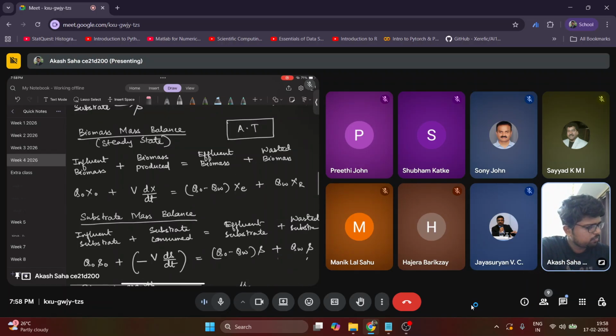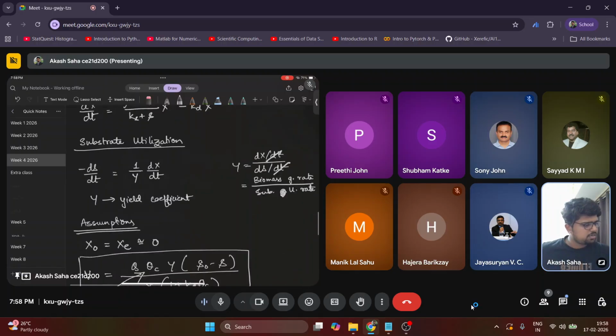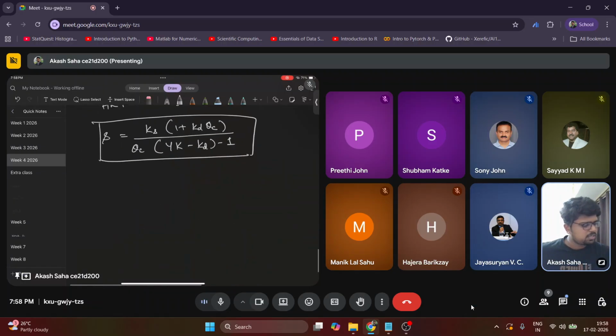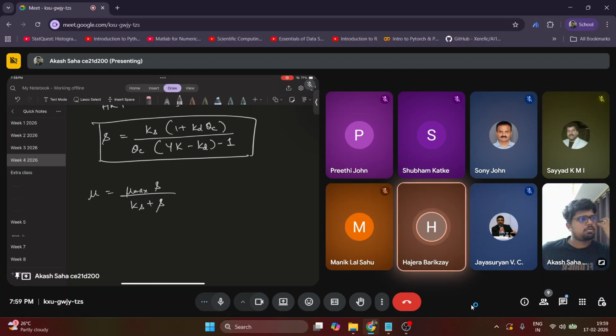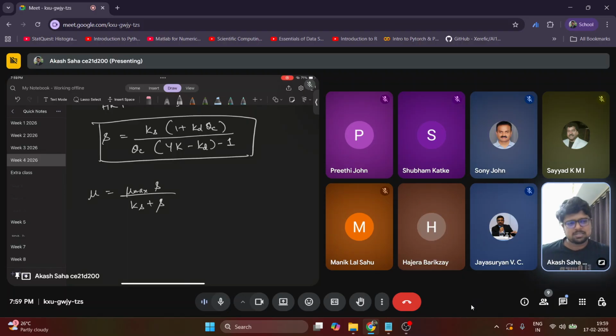I'm not sure what exactly they were trying to comprehend from that. We have mu equal to mu max S by (Ks plus S). Do you remember the first case? Yes, if S is much greater than Ks, the equation for biomass growth becomes zero order in substrate. Suppose S is very much greater than Ks.